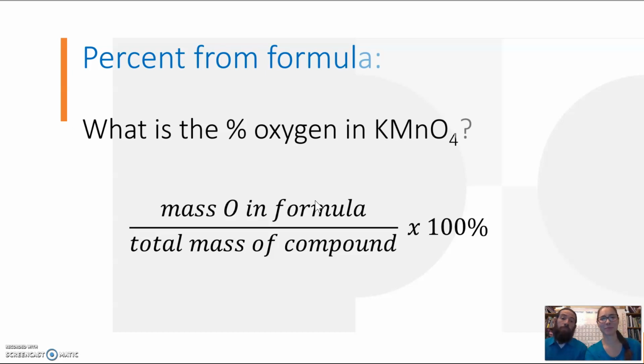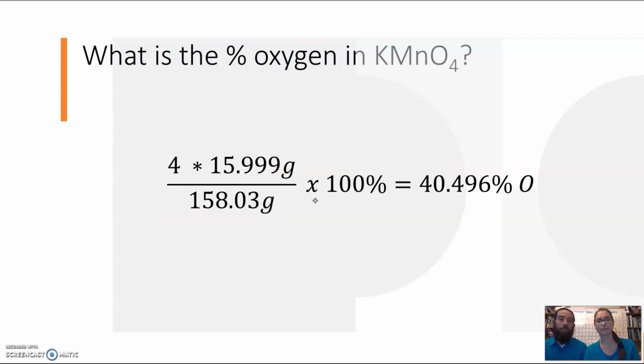Getting from the formula into percent, here's another example. What's the percent oxygen in potassium permanganate? I want to point out we have 4 oxygens in potassium permanganate, and that mass of oxygen includes all 4 of them. So you have to multiply your mass of one oxygen atom from the periodic table by 4. And then you have to also figure out the entire total mass of the compound, which is the molar mass.